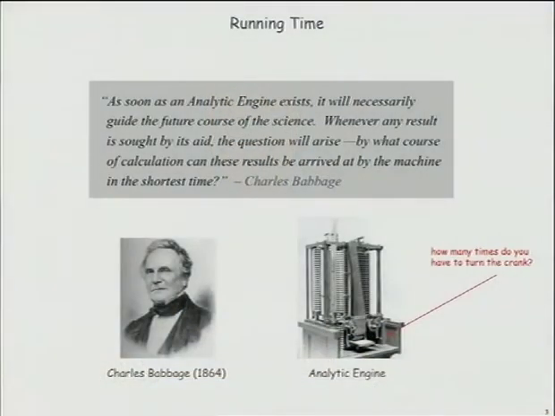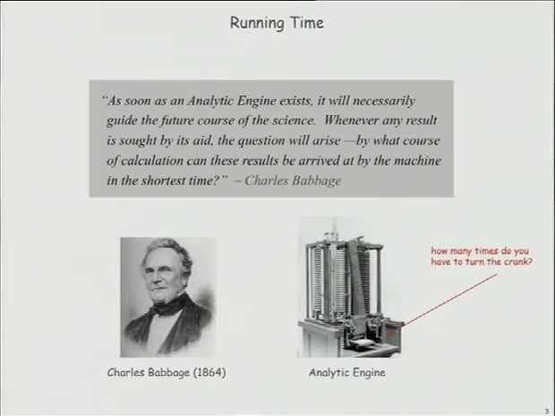Interestingly enough, this started a long time ago, long before a computer existed, with Charles Babbage. Charles Babbage was an English mathematician, born on the 26th of December 1791, died on 18 October 1871.